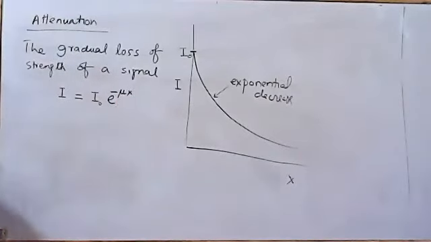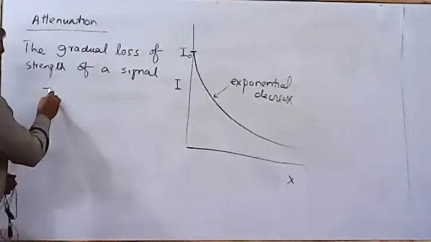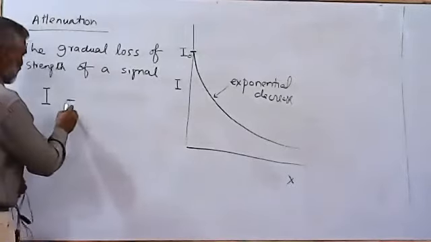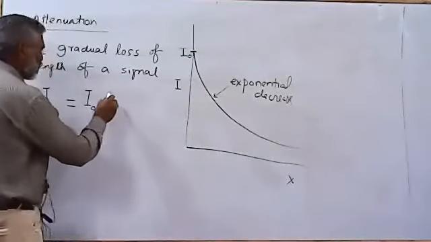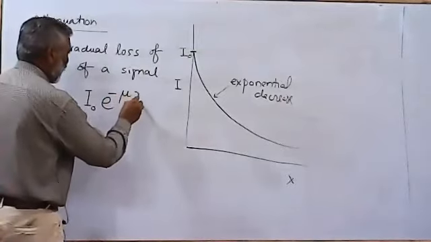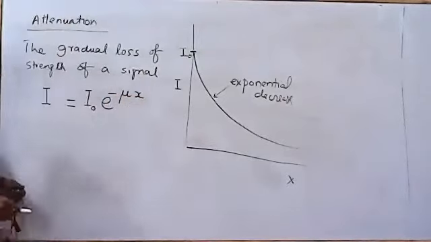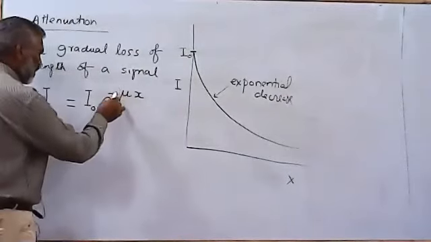Let me write it big so you can see what I have written here. This is I equals I naught e raised to the power minus mu x. This is something new now.